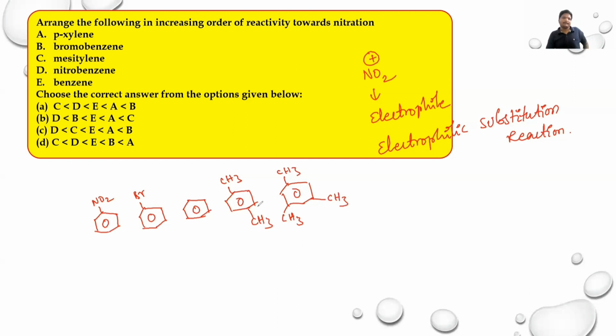Here, the nitro group is a strong deactivating group, stronger than bromine. And the methyl group is an activating group.